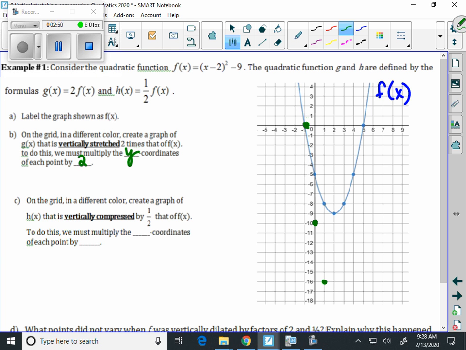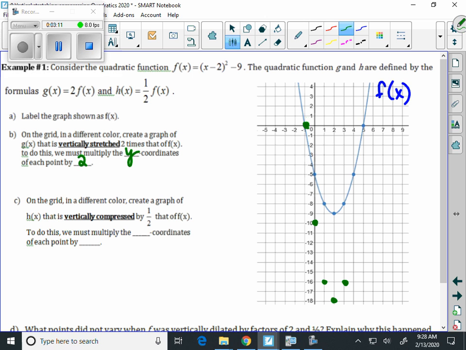We're looking specifically at the y value of negative 9, and negative 9 times 2 is negative 18. Next point is (3, negative 8). Negative 8 is the y value, and negative 8 times 2 is negative 16.